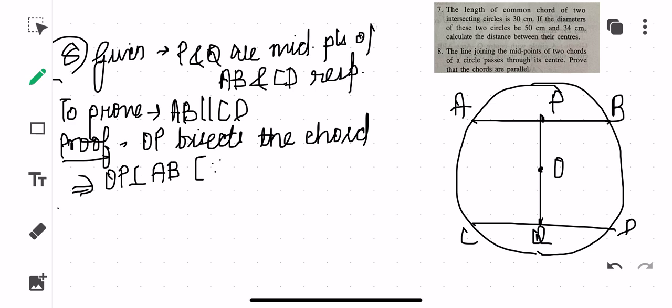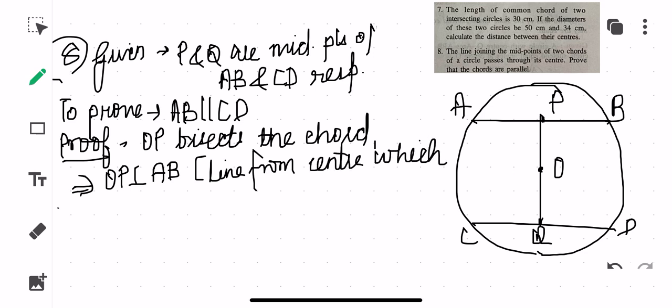Since line from center to the chord, or else what you can be writing in short, children, that line from center which bisects the chord is perpendicular to the chord.